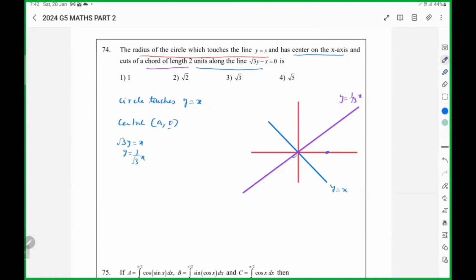The center is here, it touches here, and it makes a chord length of 2 units. So here PQ length is 2 units. The center is A, 0.